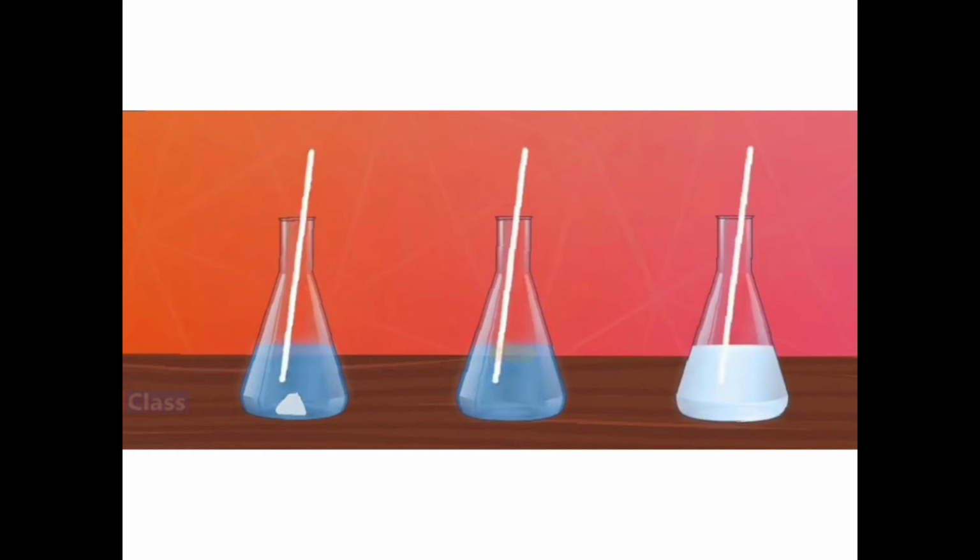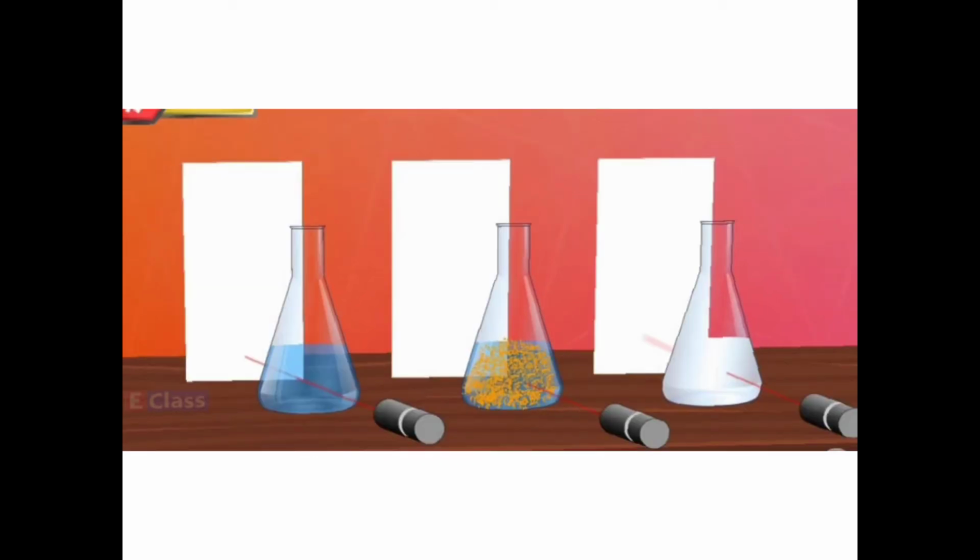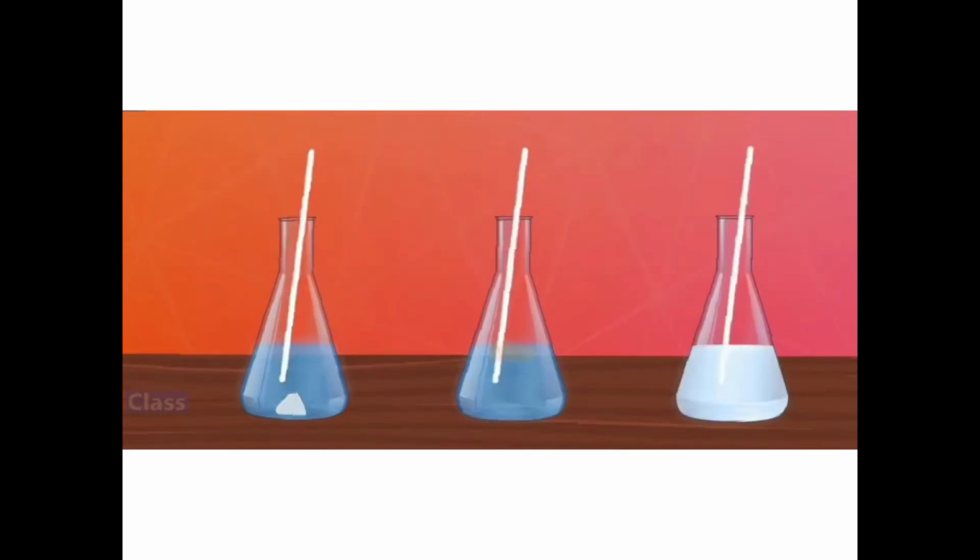We'll understand the solute, solution, solvent, etc. So let us now take the experiment where we take some common salt in the first beaker, sawdust in the second beaker and milk in the third beaker. Instead of a beaker, you can take a conical flask also, and you are going to stir it.